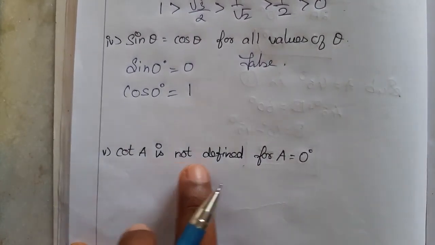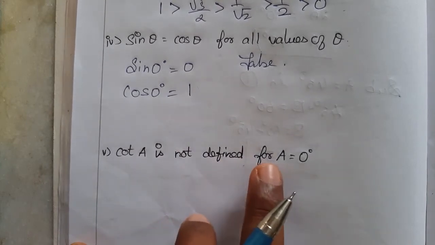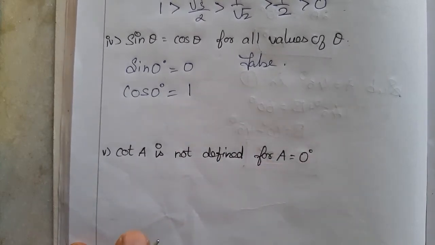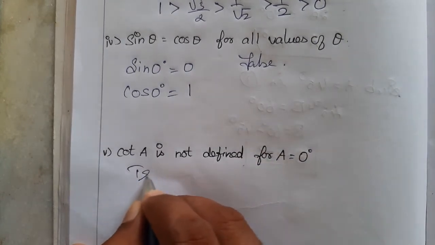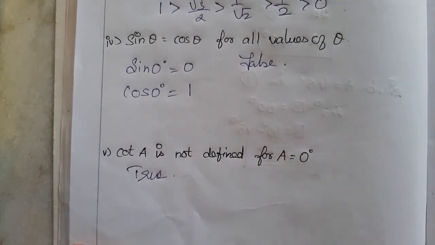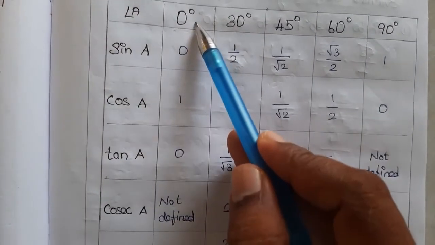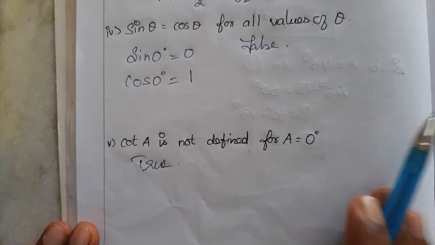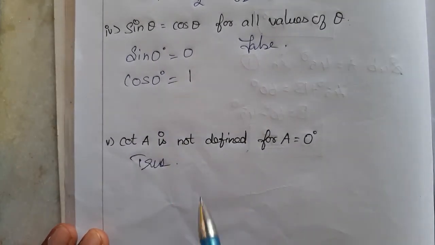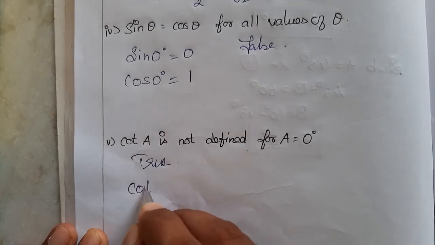Cot A is not defined for A equal to 0 degree. Is it true or false? Actually it is true. By the table you can say, right? Cot A is not defined. So this is the table. For 0 degree the cot value is not defined. So directly we can say it is true, but we have to give the justification, right? So we know the tan 0 value.